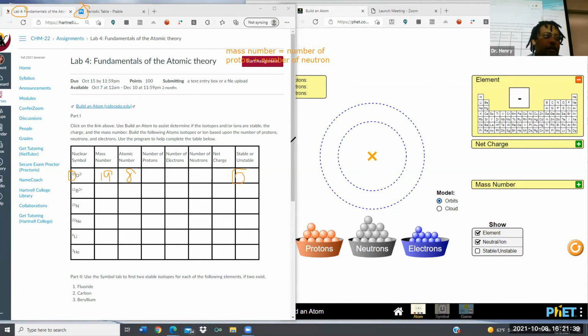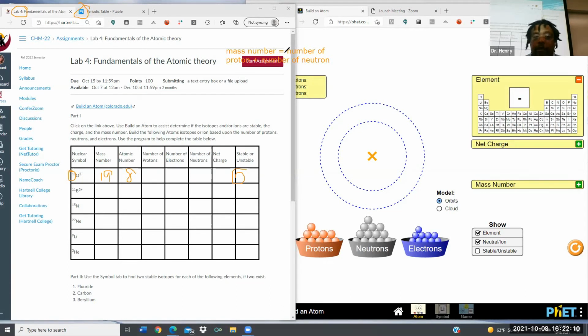Okay, so the number of protons. So what did I say about the atomic number? That they're never going to be the same? That no two different atoms are going to have the same atomic number. So oxygen is always going to be 8, and I said something else. That the atomic number equals what? Okay, I'm going to give it to you this time. The atomic number equals the number of protons.